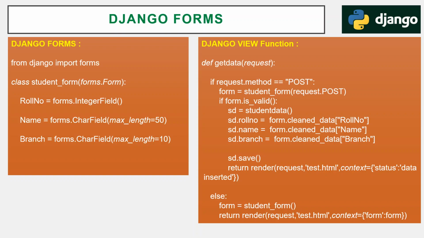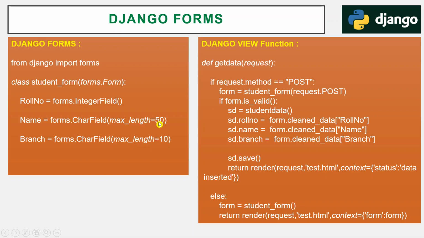Even though those things are happening today, Django also provides the forms support, right? Please visualize all these things as a front end. So forms.CharField, because the name is characters, and I'm imposing some constraints like maximum length equal to 50 only.